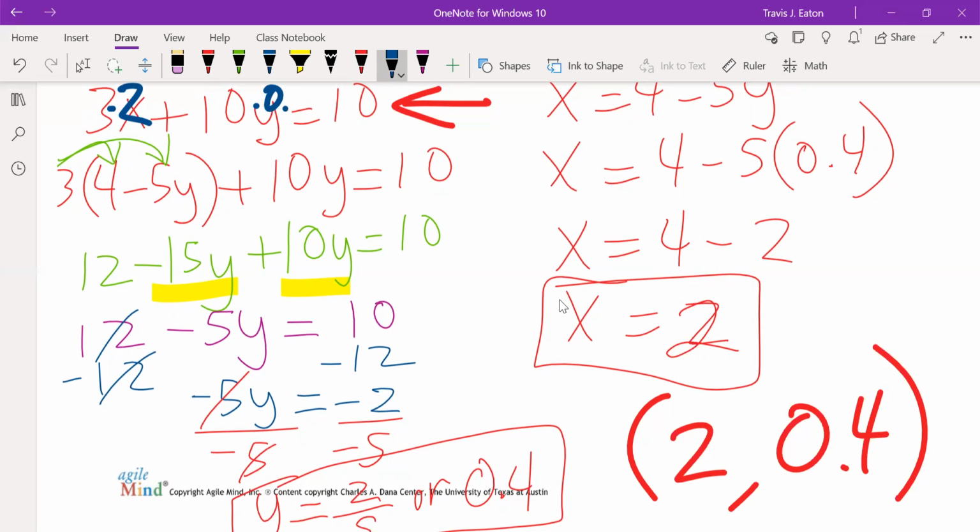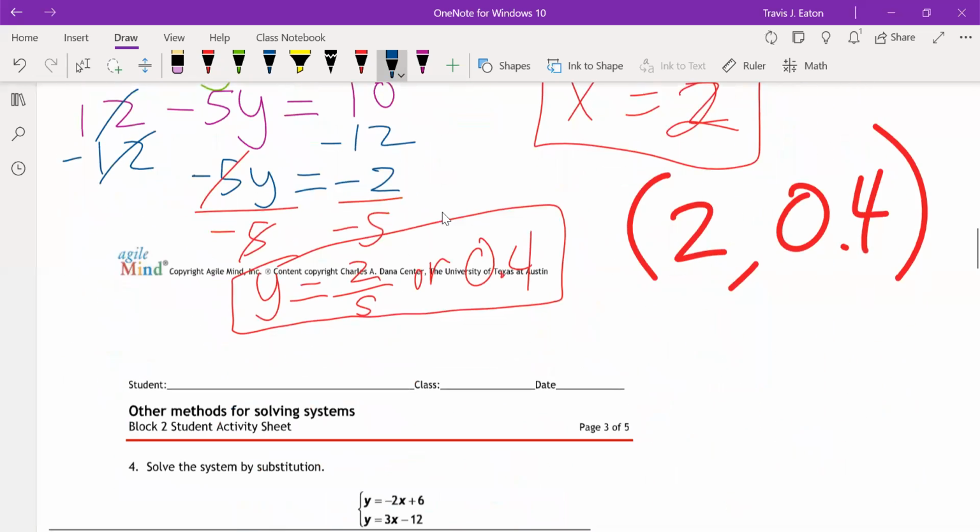What is 10 times 0.4? 4 times 10 is 4. So 3 times 2 is 6. This one ends up being 4. So 6 plus 4 equals 10. That's good. And we already know that it satisfies the other equation because that's what we did to find x equals 2. So we're good.